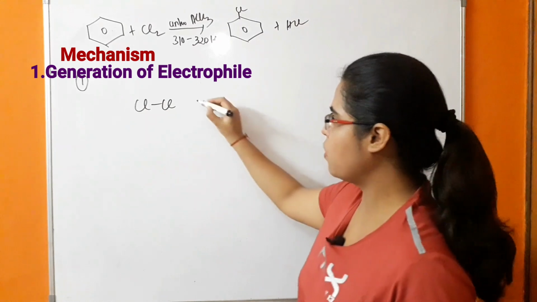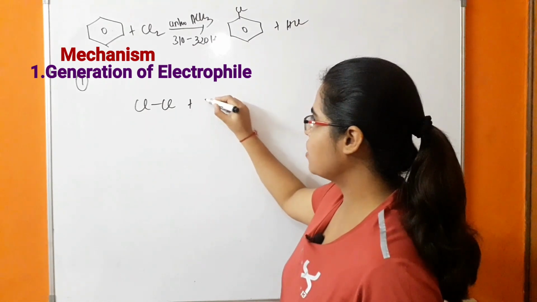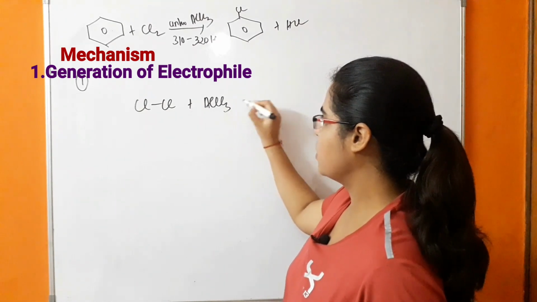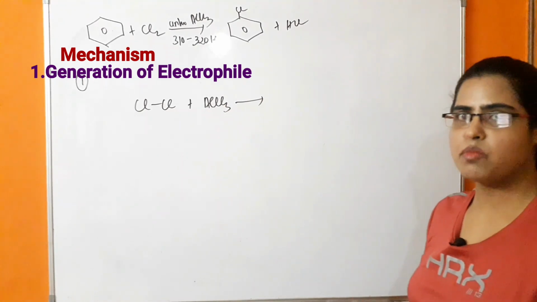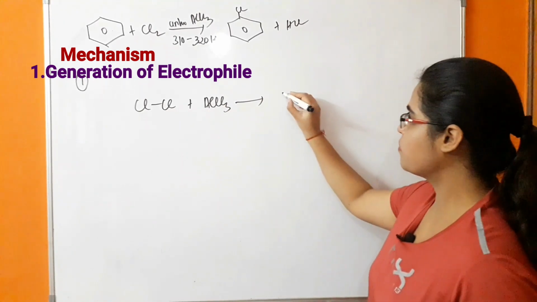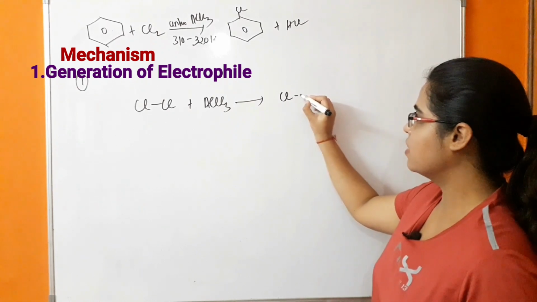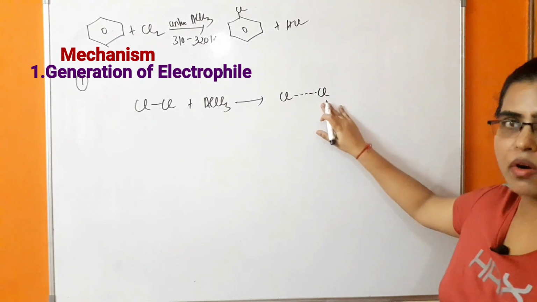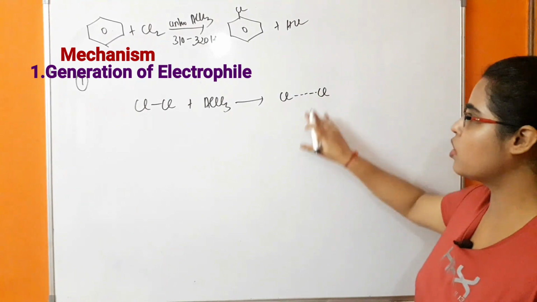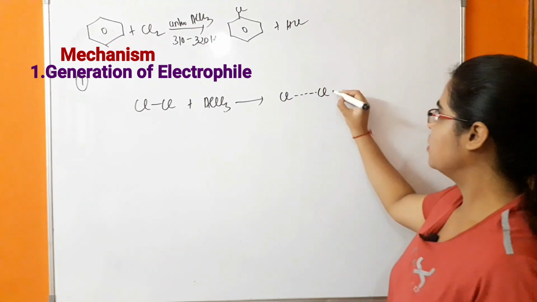This chlorine molecule will react with AlCl3. So there is a formation of a polarized molecule taking place. Because of that, there is breaking of this Cl-Cl bond taking place. It means this bond will be polarized.